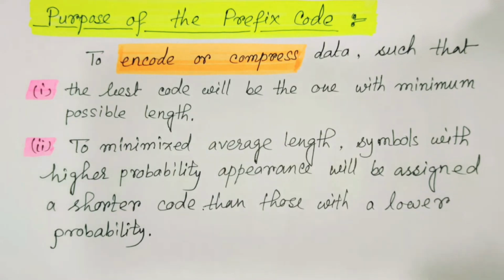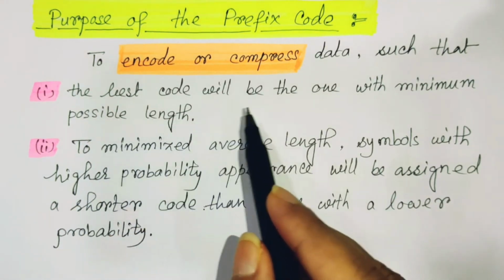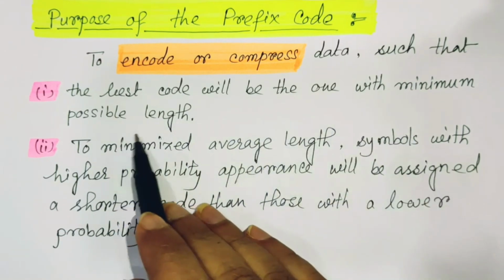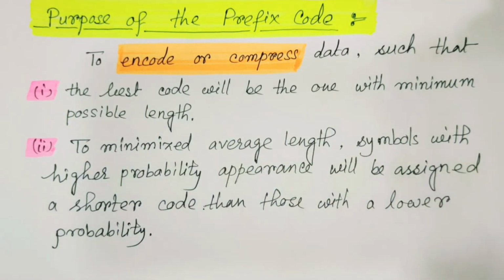So if we want to compress, the best code will be the one with minimum possible length. What is the efficient coding by which we can encode or compress the data? For that we should take the best code, which creates the minimum possible length of the given information.